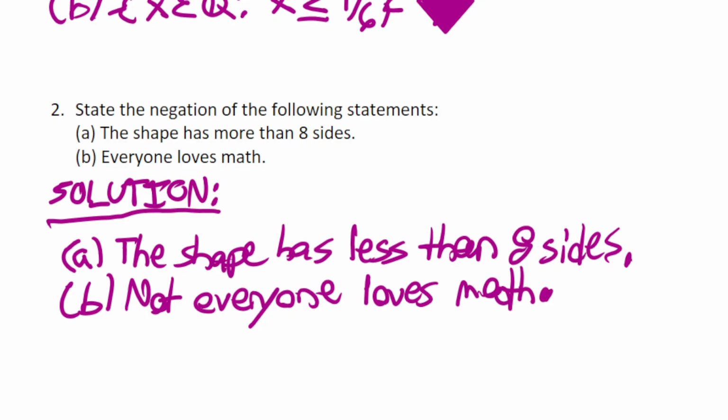And I like math and think that it's fun, but this negation has a more likely truth value than its original statement because it's not everyone's cup of tea, but these are the negations of these statements.